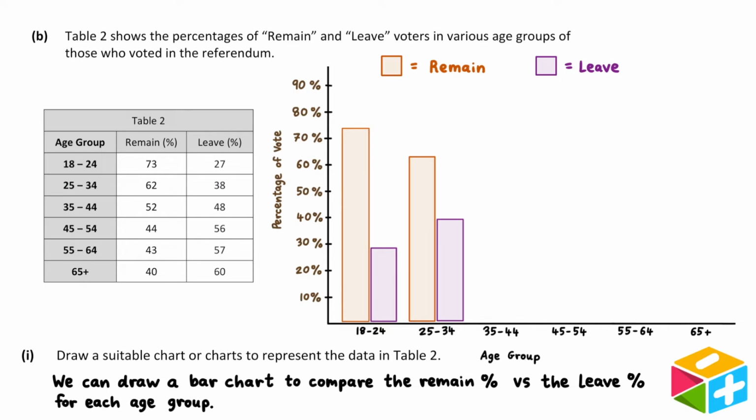The rest of the age groups work in a very similar way. We look at the percentage of the remain votes and the percentage of the leave votes and draw one bar for each of them.